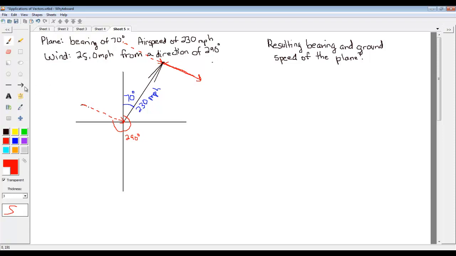Now the resultant vector between the airspeed vector here and the wind here, that blue one, is going to give us the ground speed. Okay, so we have to work on finding out more about this ground speed vector. Essentially we have a big triangle here. Let me just re-sketch the triangle.